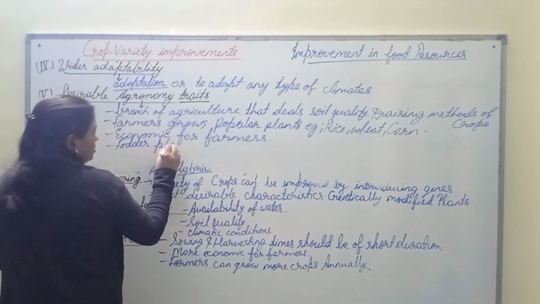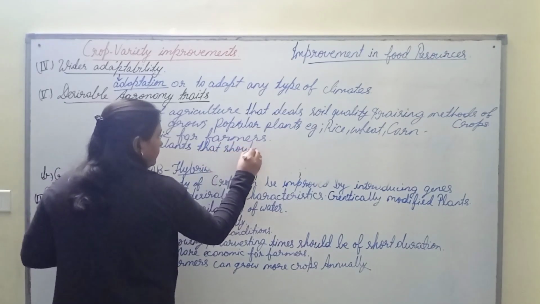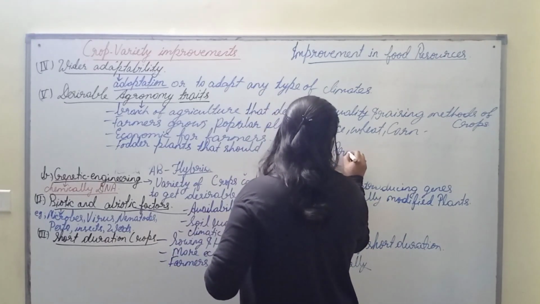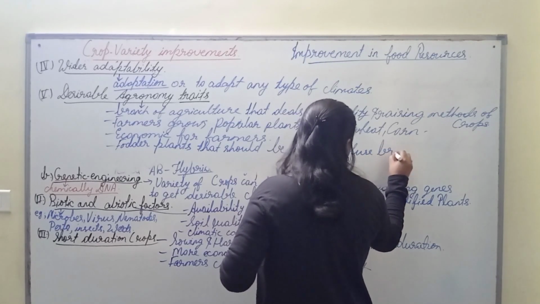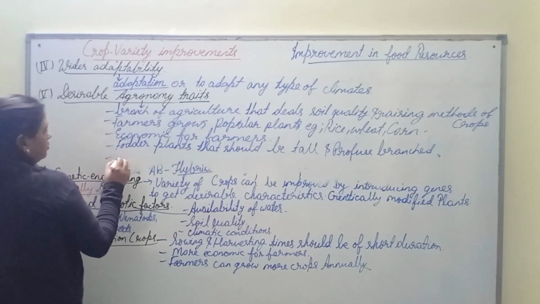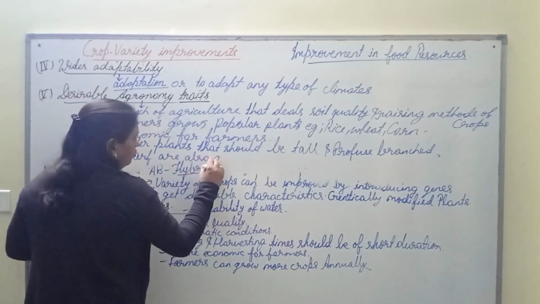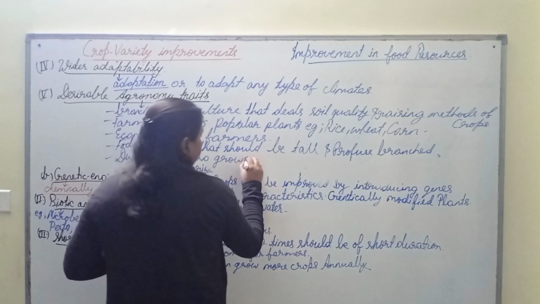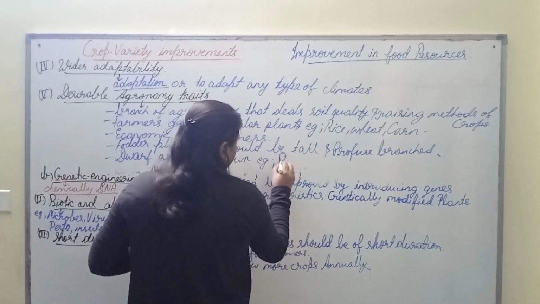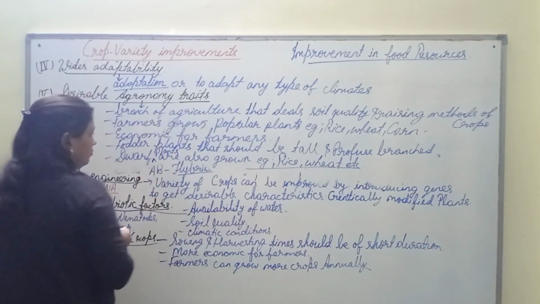They grow fodder plants that should be tall with profuse branching, and dwarf plants are also grown, like rice, wheat, etc. Dwarf plants are also grown by farmers.